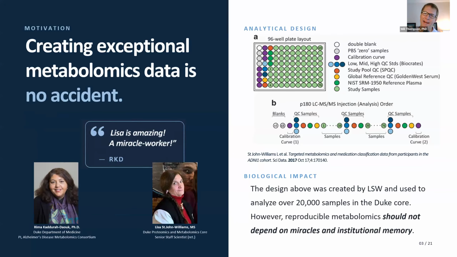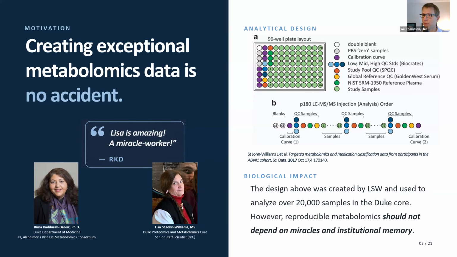I want to go back as an intro and tell a little bit of a story. I'd like to pass praise to much of the work done before we started on this project, to the pillars that we're standing on. As many of you know who do metabolomics, creating great data sets is no accident, and you need amazing people to do that kind of work.